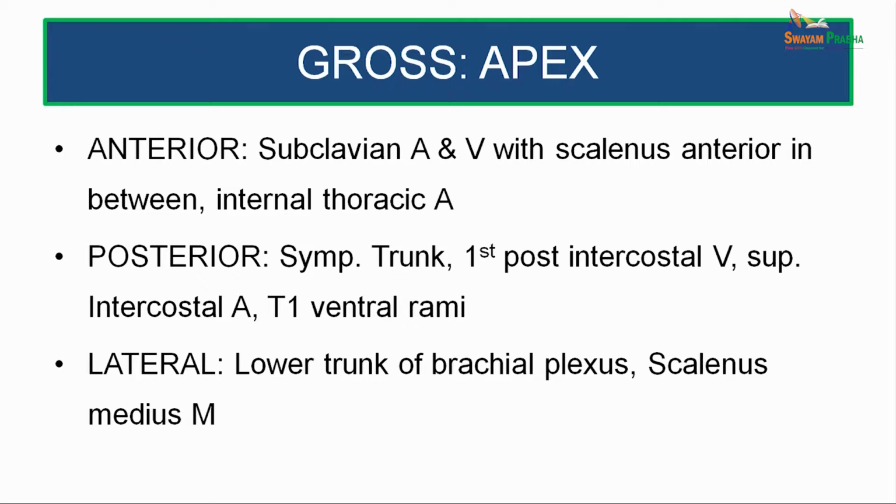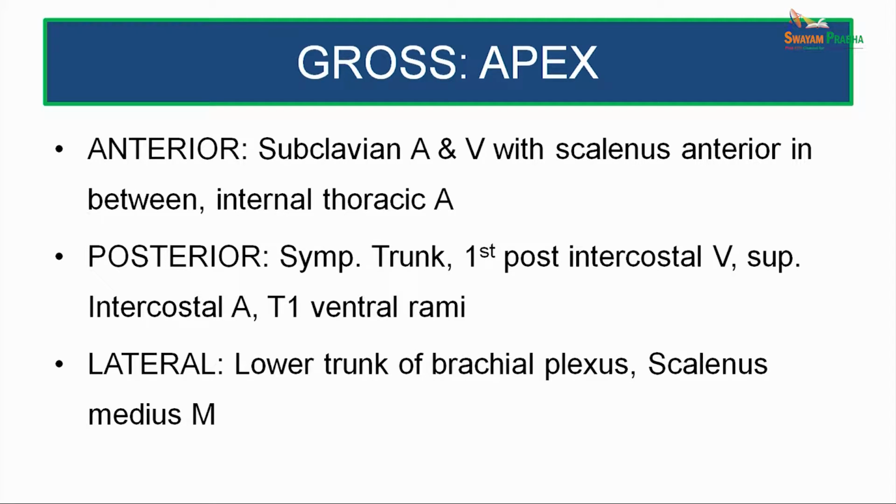Coming to the posterior relations, medialmost and posteriorly is the sympathetic trunk. The stellate ganglion may be seen alongside. Then there is the first posterior intercostal vein, which passes on to drain into the corresponding brachiocephalic vein.